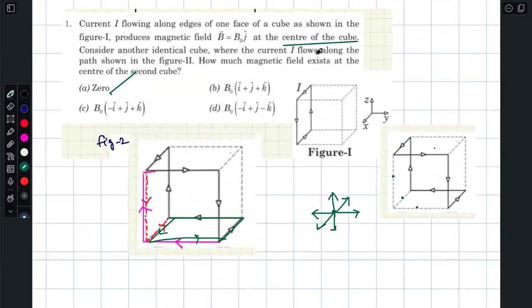That is the center of the cube. How much magnetic field at the center of the same cube? Which cube? Second cube. Not at the face center. Unless or until mentioned, it is the center, body center.